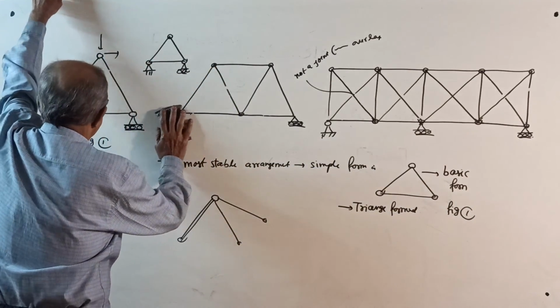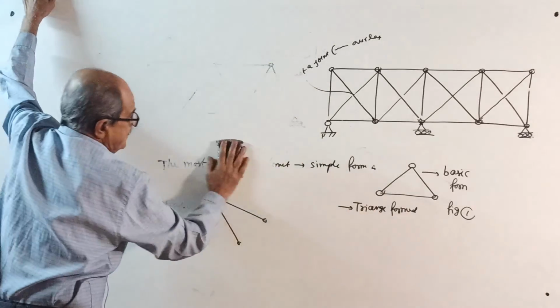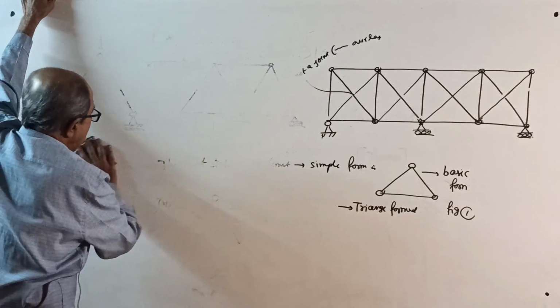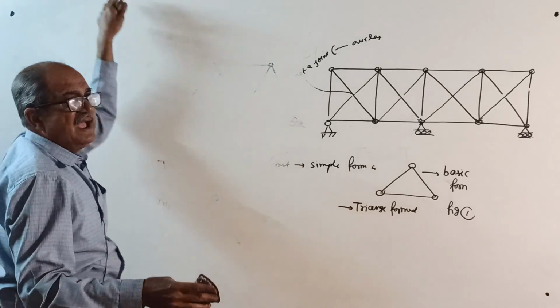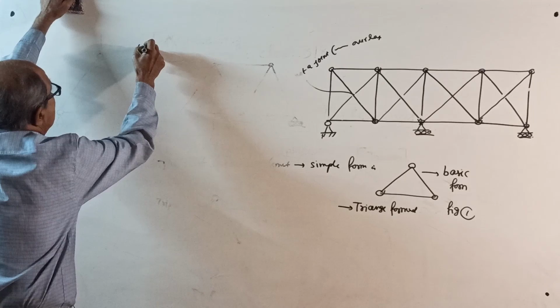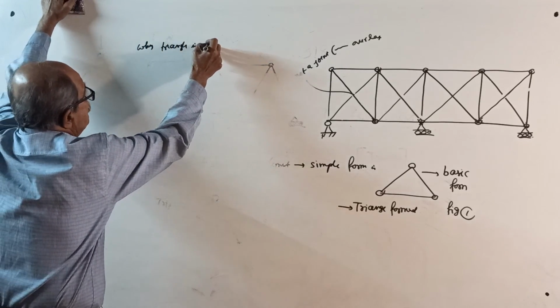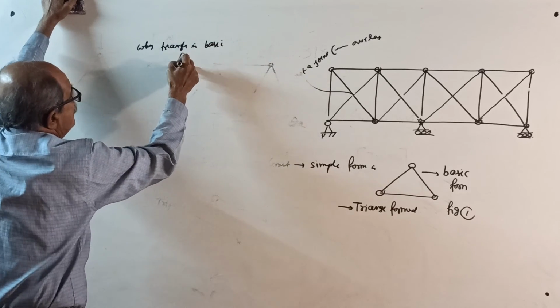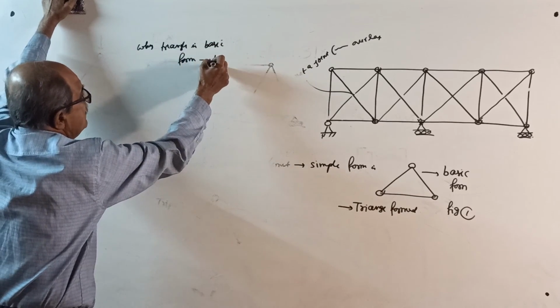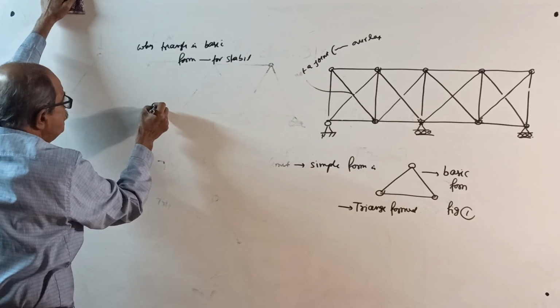Okay, now, further. Just imagine, to understand. Why triangle? Make a note here: the triangle is the basic form for stability. Suppose you have a triangle here.